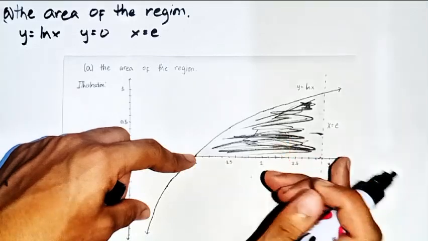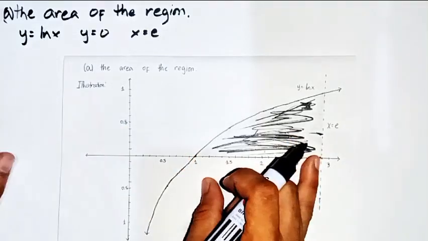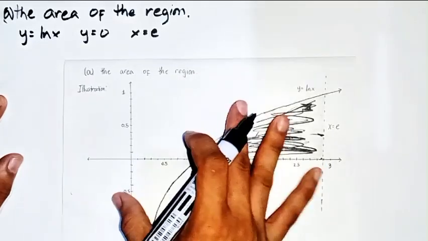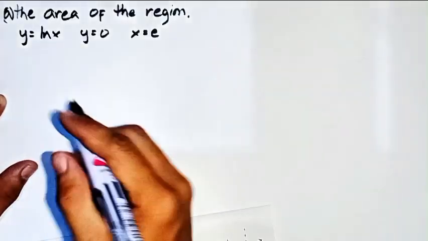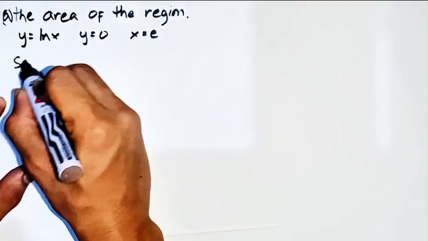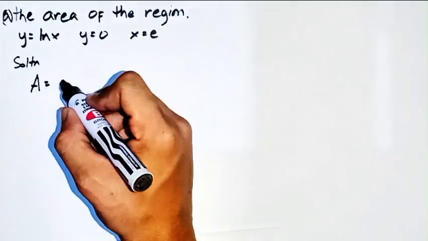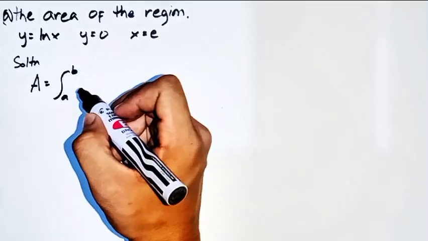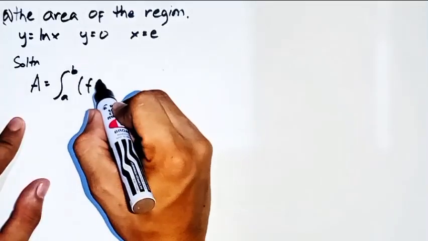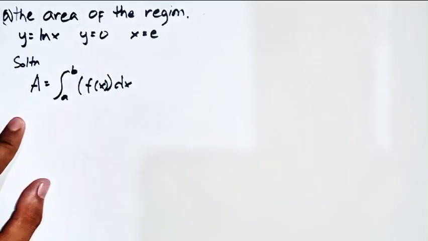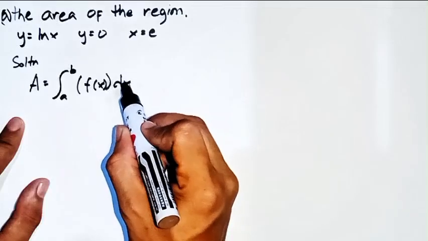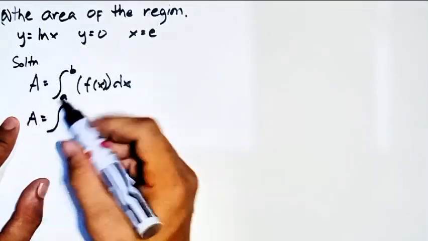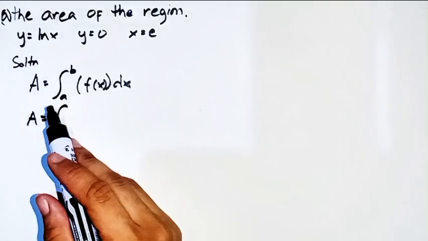So let's start to solve it by using the formula in finding the area of the region. So we have a formula. Area is equal to the integral from a to b of f of x dx. This is now our formula. Let's go back to our graph.